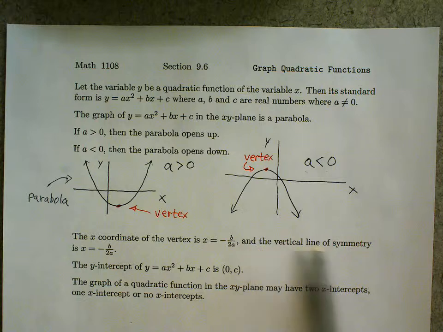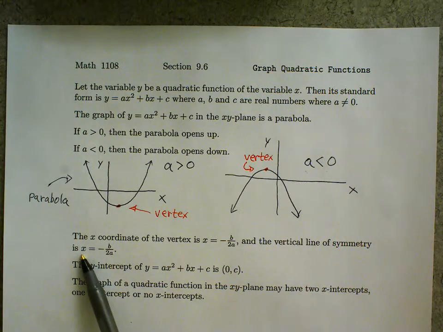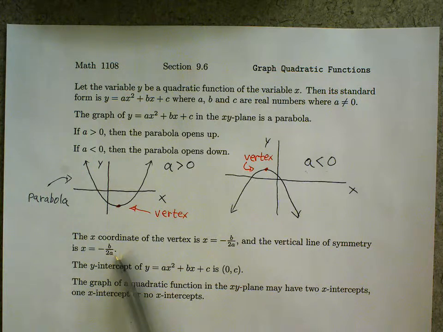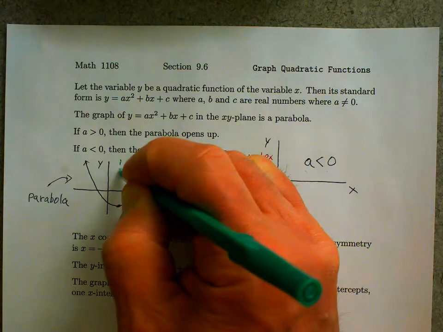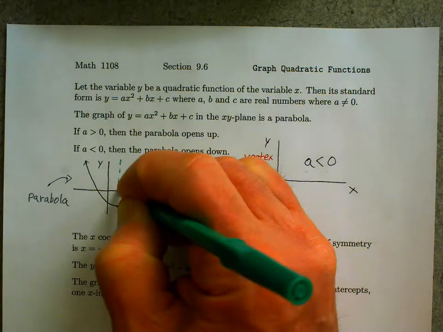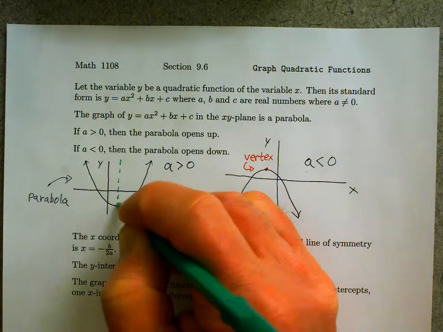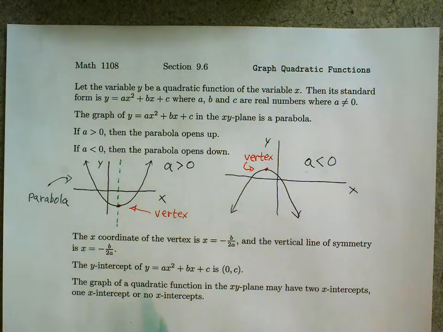And the vertical line of symmetry is the vertical line x equals negative b over 2a. The vertical line of symmetry is not really part of the graph. We just think of it as the vertical line that passes through the vertex.